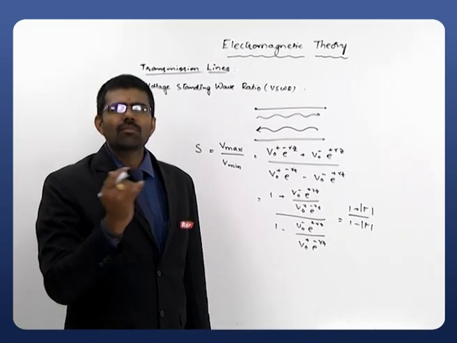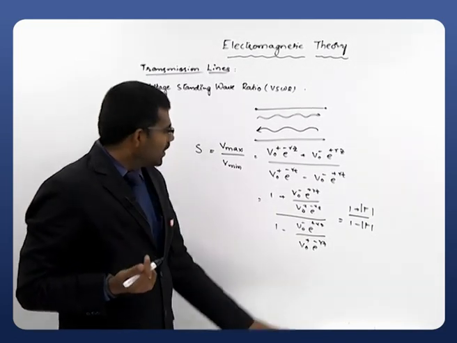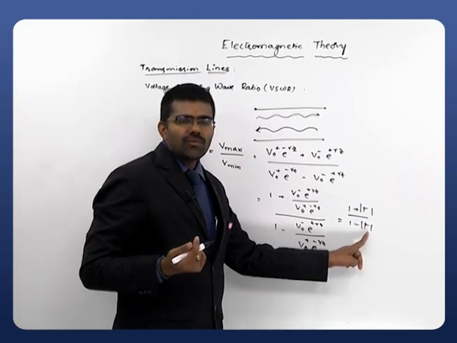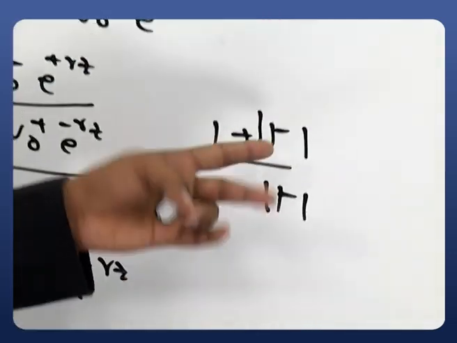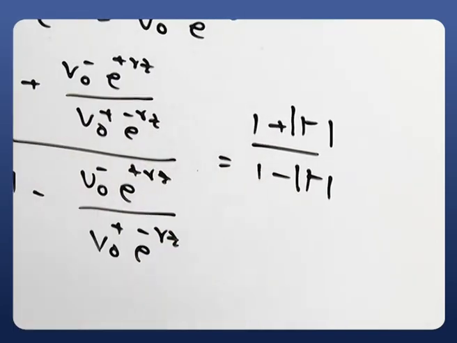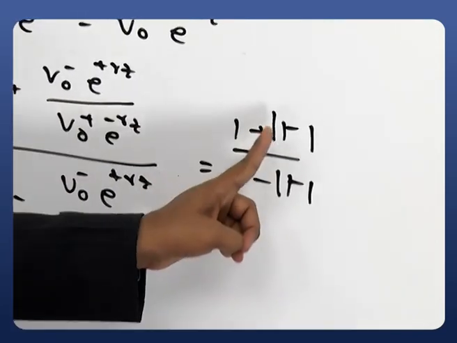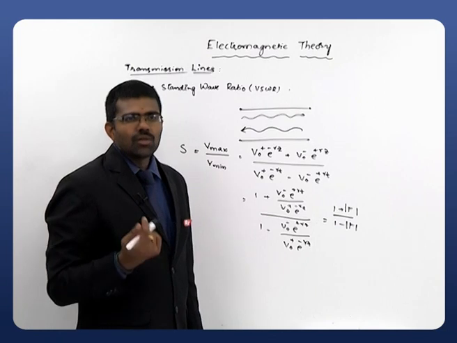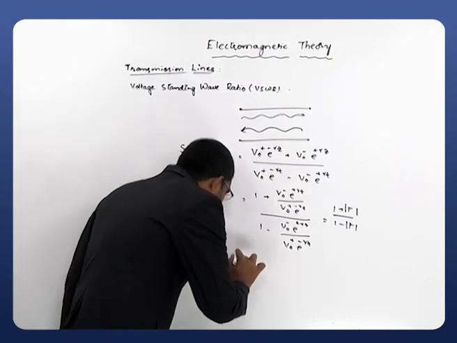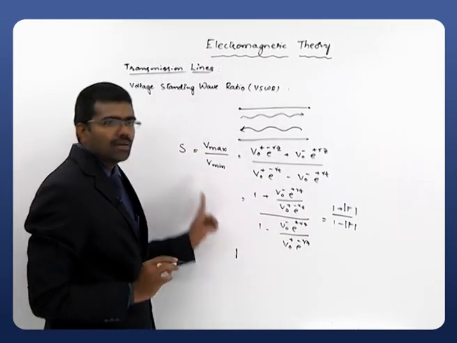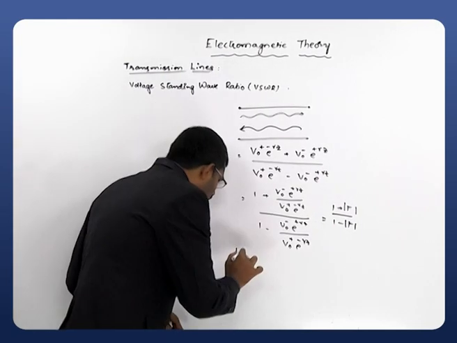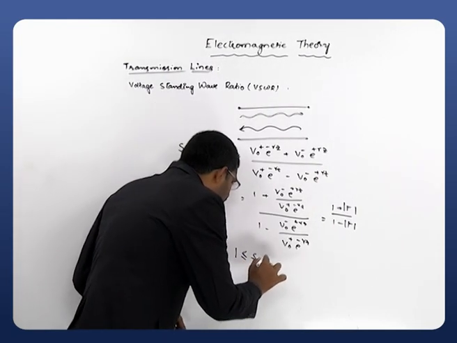Now what are the minimum and maximum values for S? By substituting the minimum and maximum values of gamma, you can observe that. What is the minimum value of gamma? 0. So 1 plus 0 divided by 1 minus 0, what you will get is 1. So 1 is the minimum value for our S. So S is greater than or equal to 1.